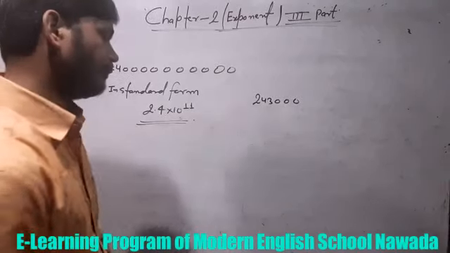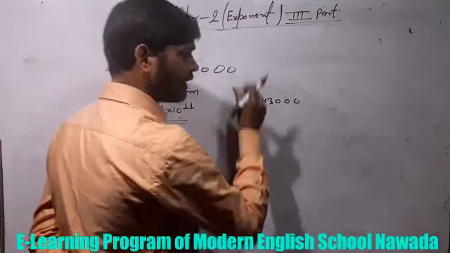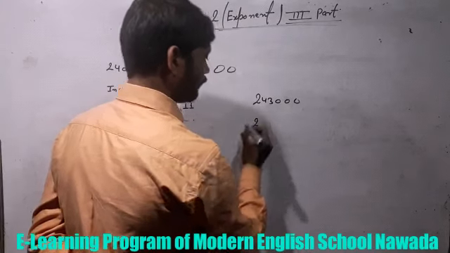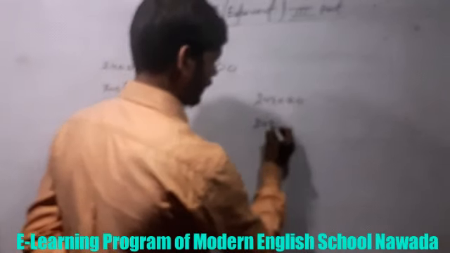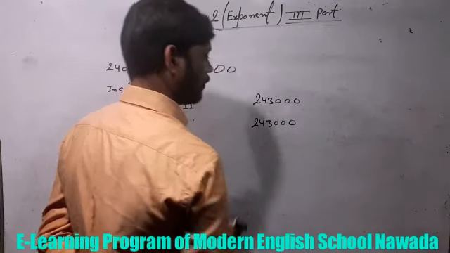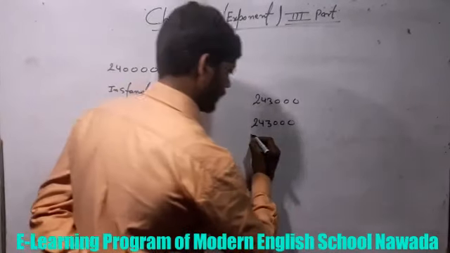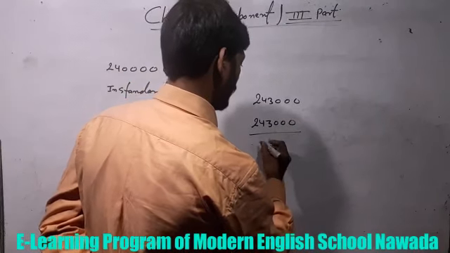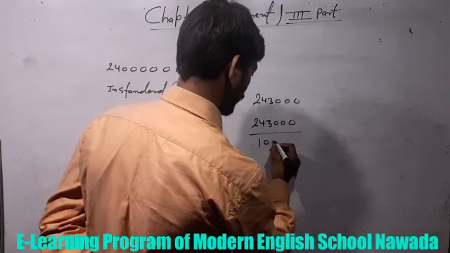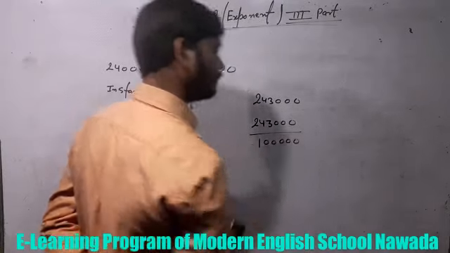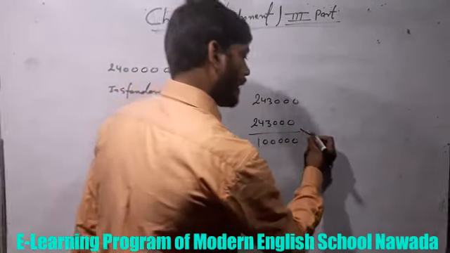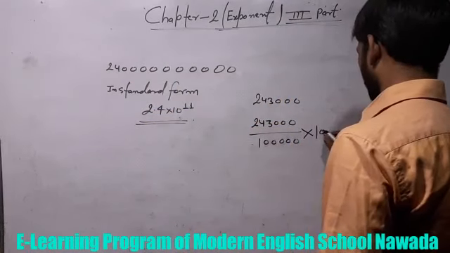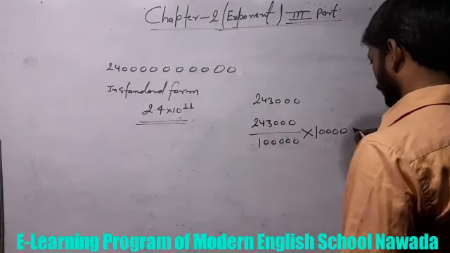You can write it as 243,000 divided by 10000 and multiplied by 10000.